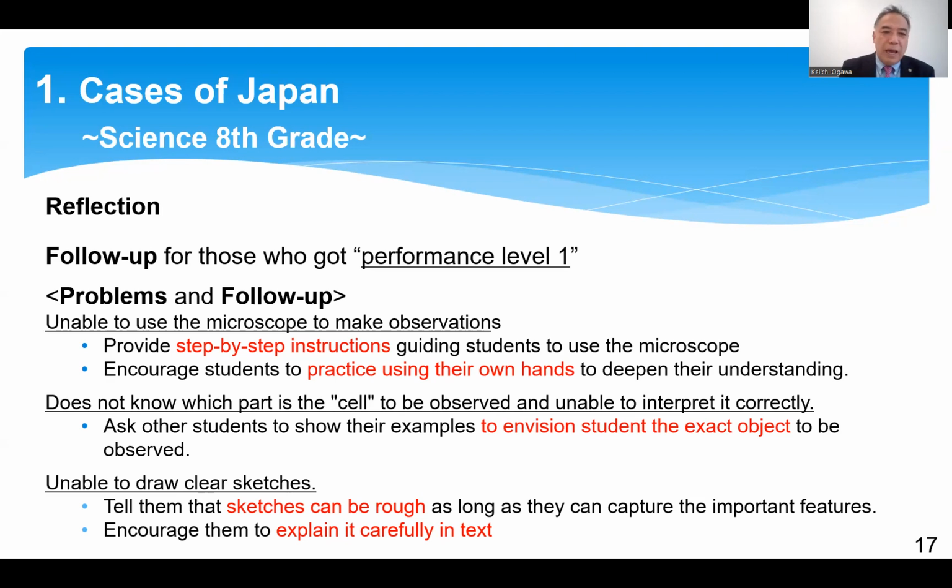If the problem is being unable to draw clear sketches, follow up: tell them that sketches can be rough as long as they can capture the important features. Also, encourage them to explain it carefully in text. So those are the problems and the follow-ups. It's a formative assessment, which is the reflections.